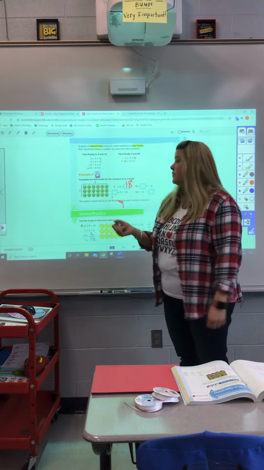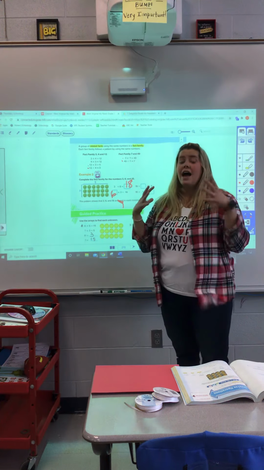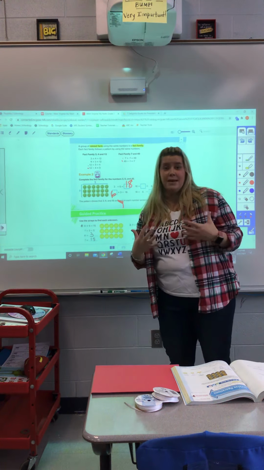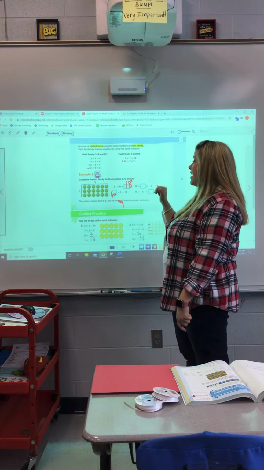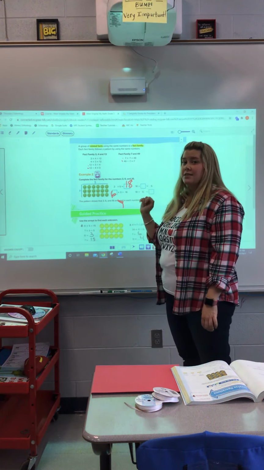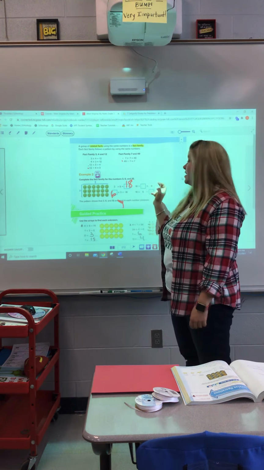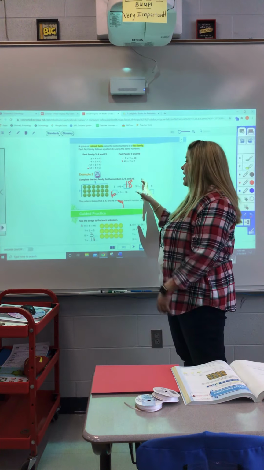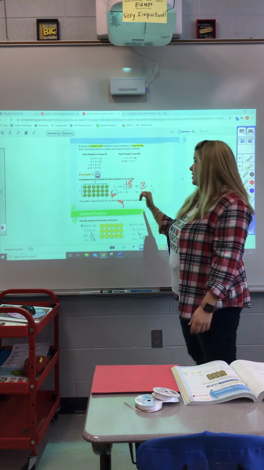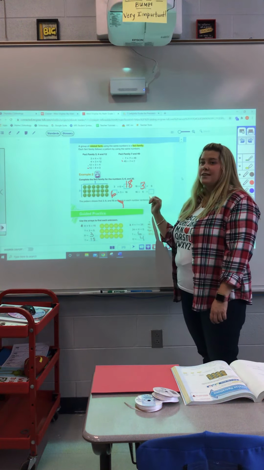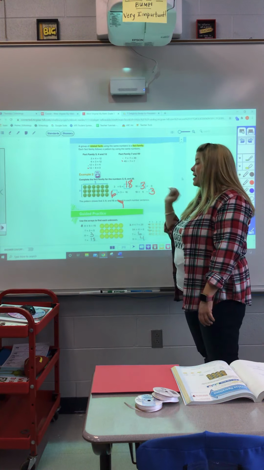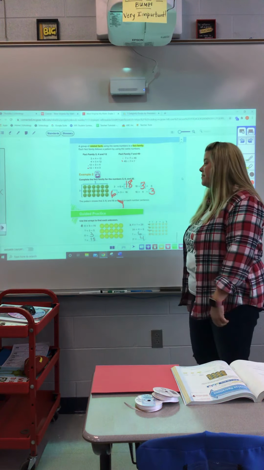Then I go to my division sentences. Both of them have to start with my dividend as the biggest number. So 18 divided by blank equals 6. Well, if I'm already using 18 and I'm already using 6, I know that I had to put 3 there. What about 18 divided by 6? Right, then my answer would be 3.